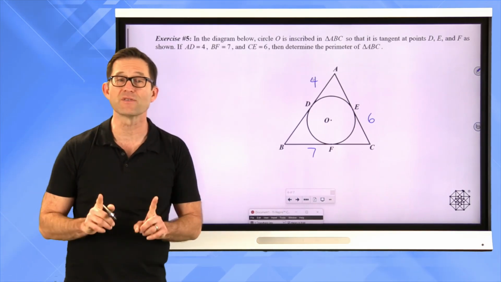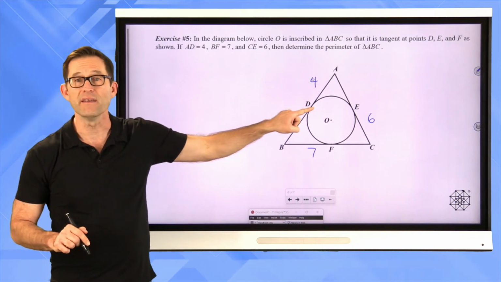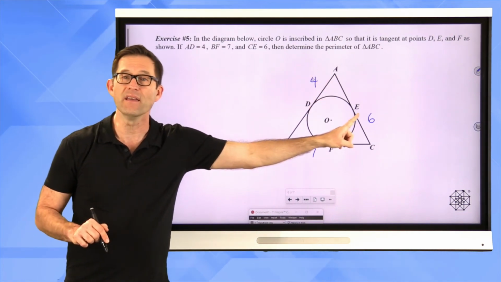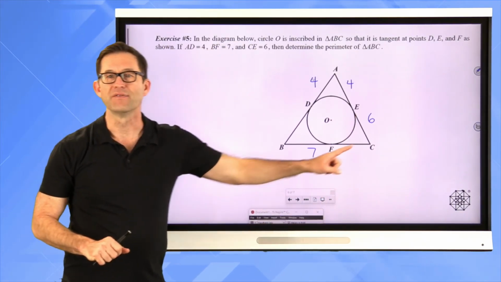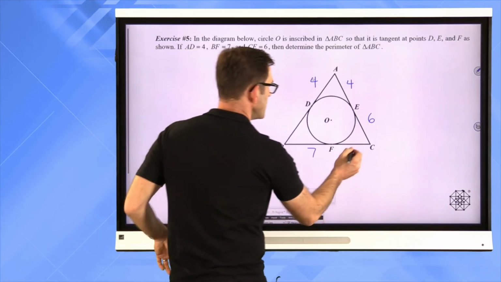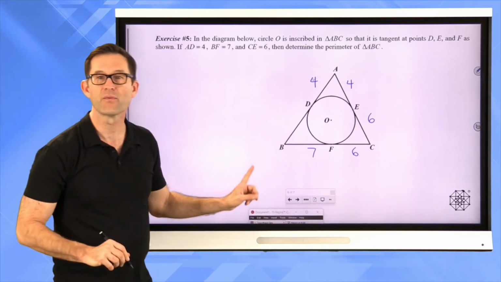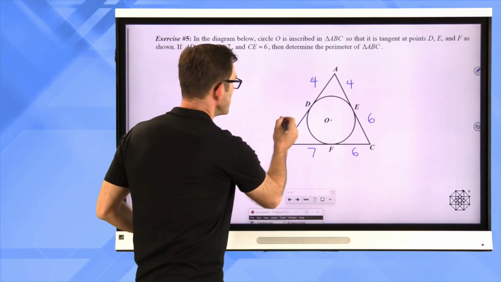Because the tangents from any given exterior point are equal in length. So if AD is equal to 4, AE is equal to 4, right? And if CE is equal to 6, CF is equal to 6. And finally, if BF is equal to 7, BD is equal to 7.